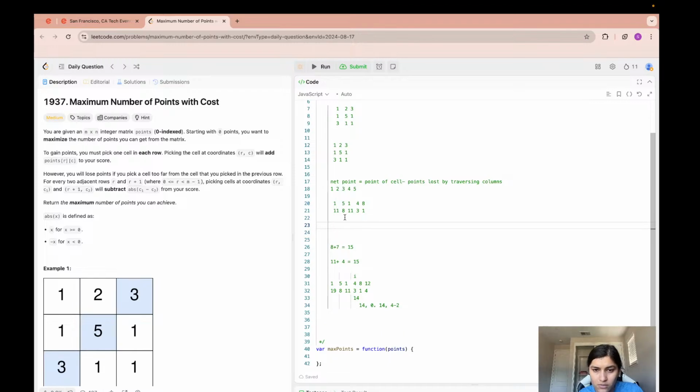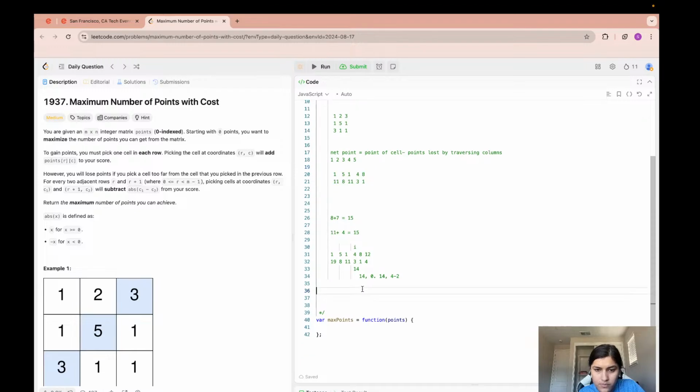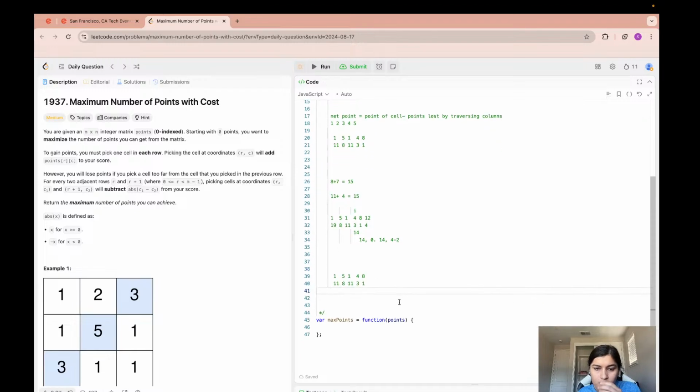Does it matter if, what if, should I always choose the biggest number?